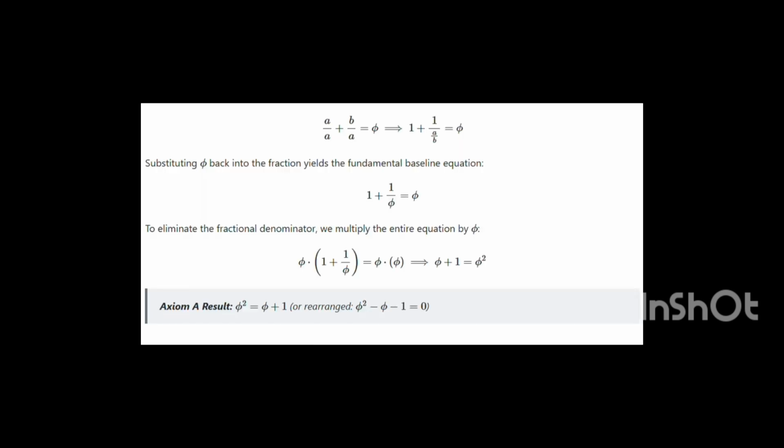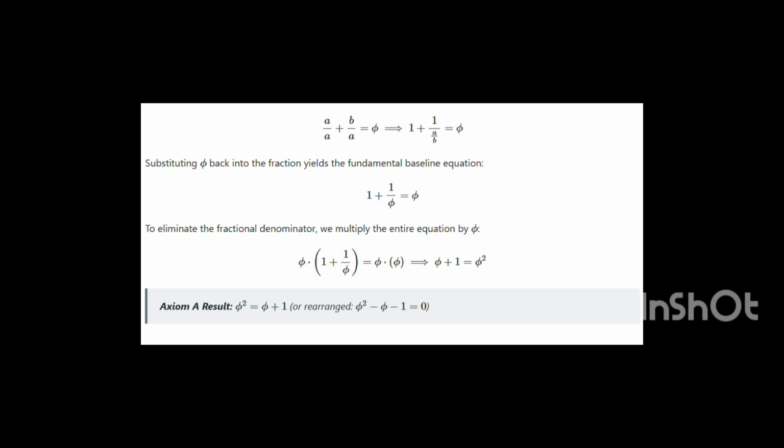Since we have a plus b by a equals phi, we can simplify it further as a by a plus b by a equals phi, which implies 1 plus 1 by (a by b) equals phi. We can simplify it using the laws of fractions.